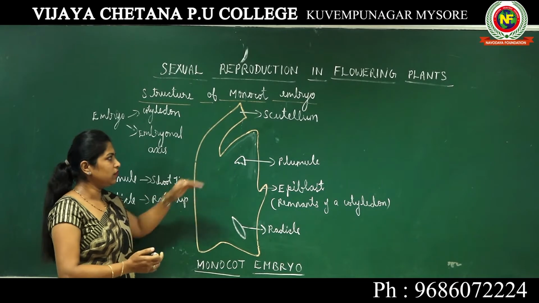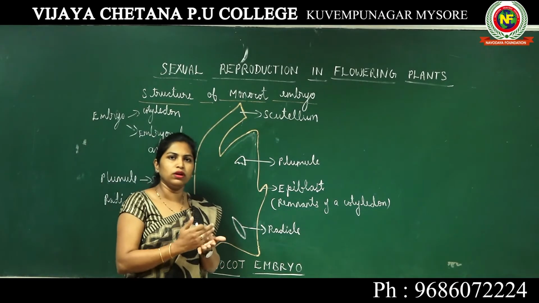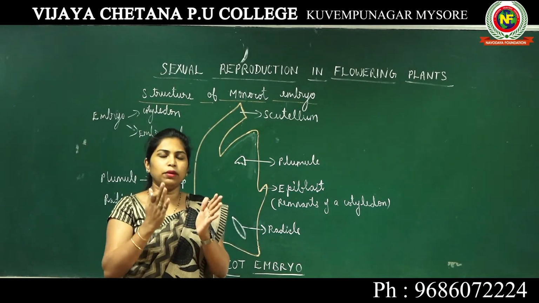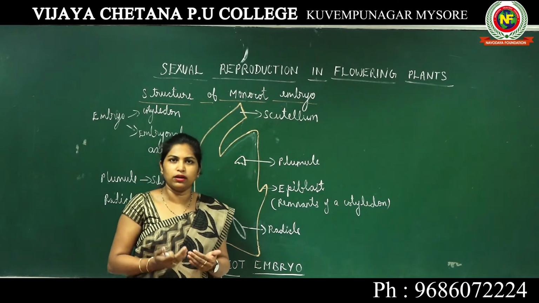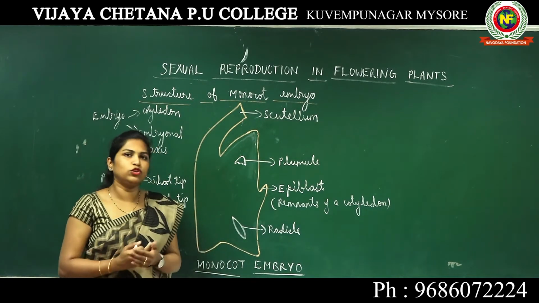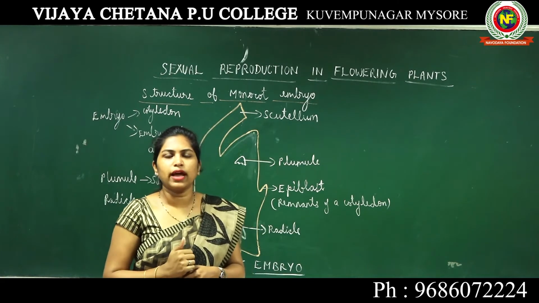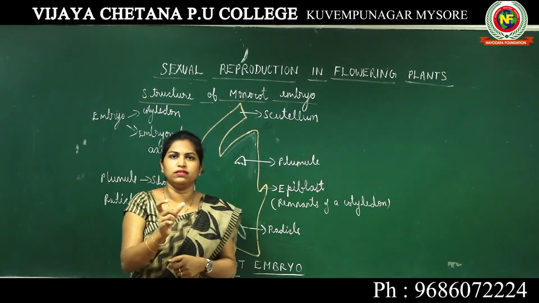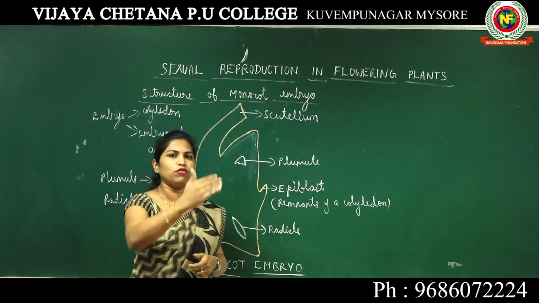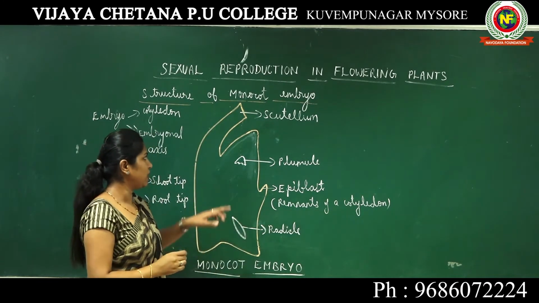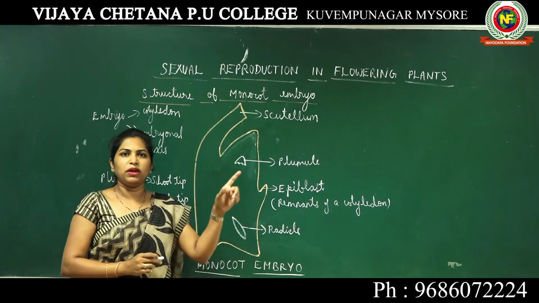Epicotyle is a region of the embryonal axis which is located above the attachment of cotyledons. Above the level of cotyledons, the region attached is known as epicotyle.